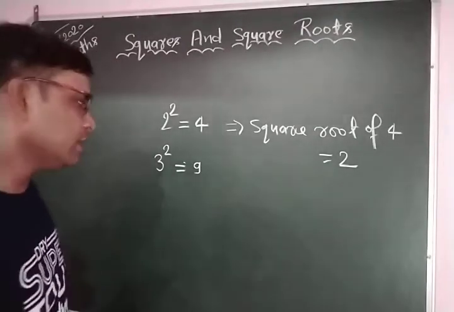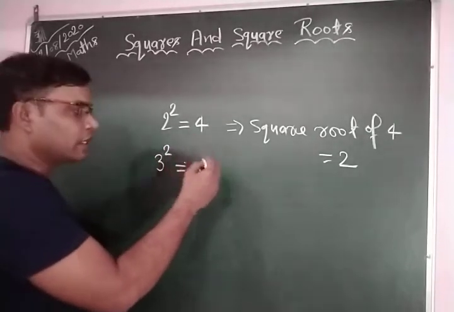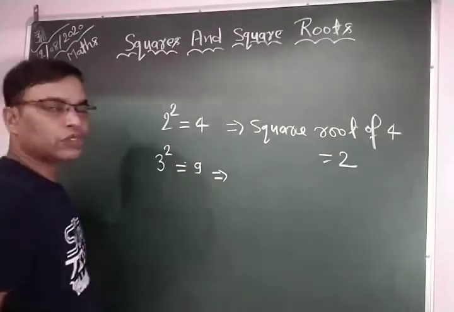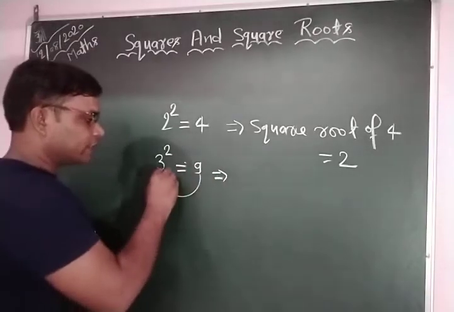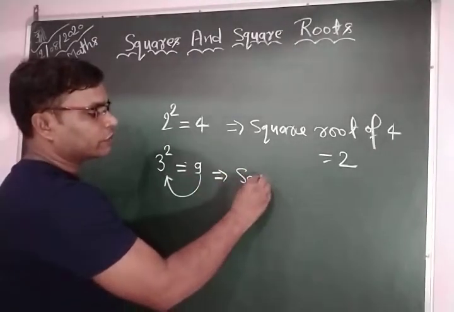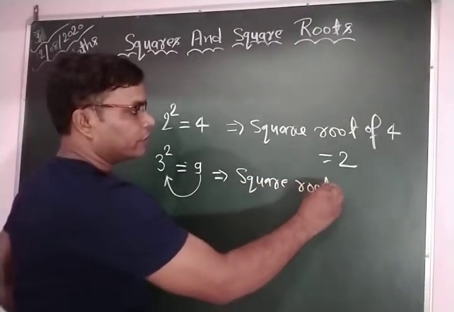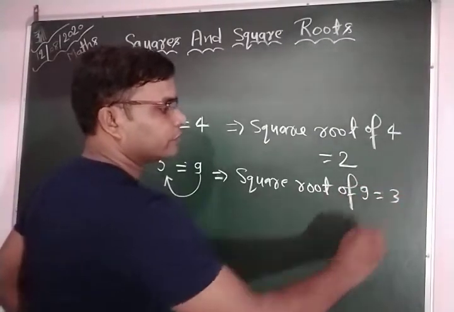So the square of 3 is 3 into 3. Okay, so the square of 3 is equal to 9. So if you find the square root of 9, the square root of 9 is 3. Okay, so you can write here the square root of 9 is equal to 3.